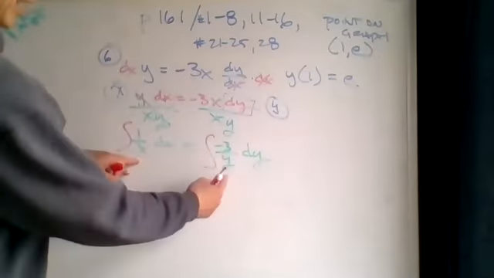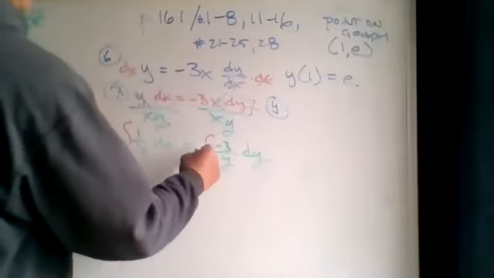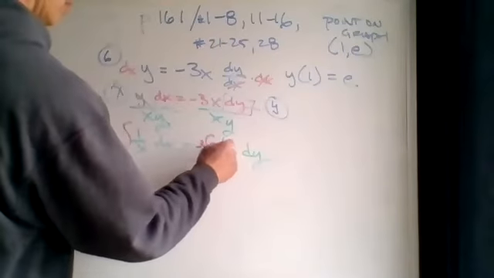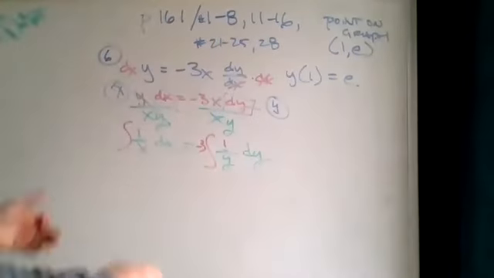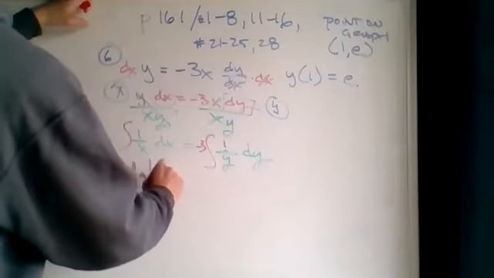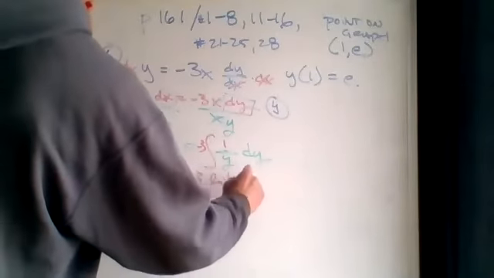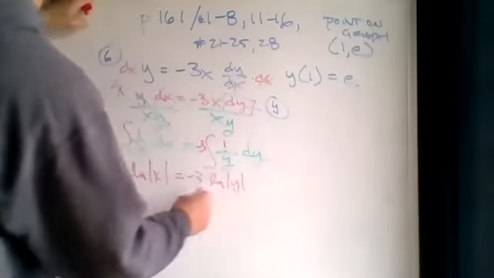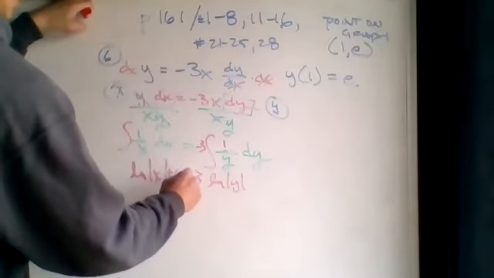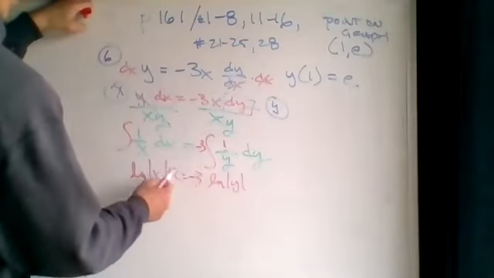So I'm bummed because I got x and y in the basement again. So before I integrate, I'm going to take the negative 3 out. So now I have 1 over y, and over here, natural log. Okay, and I'm going to put the plus c up with the x.